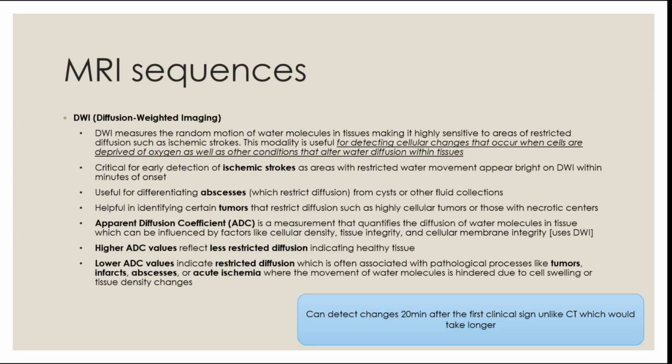There is the ADC, the apparent diffusion coefficient. It measures the diffusion of water molecules, and it relies on the diffusion weighted image. The higher the value, the less restriction there is, and this is normal for healthy brain tissue. But the lower the value, the more the restriction, like an infarction, ischemic stroke, or an abscess.